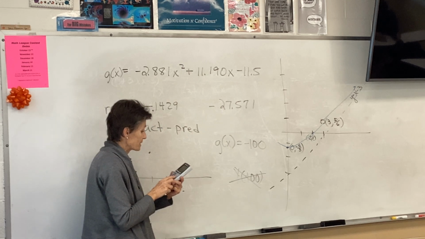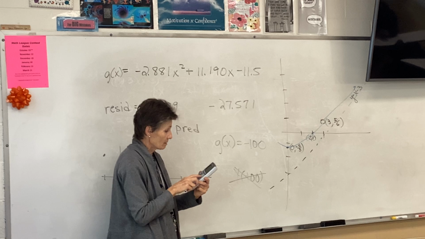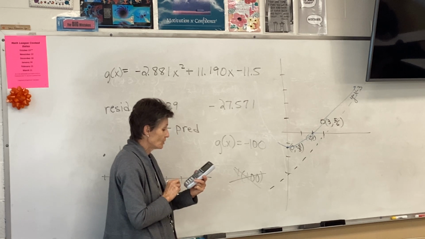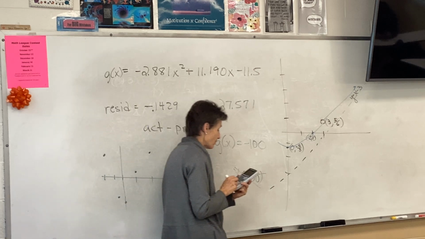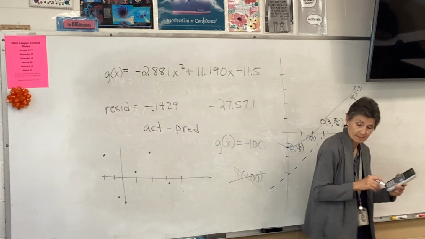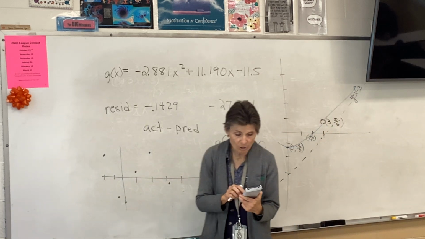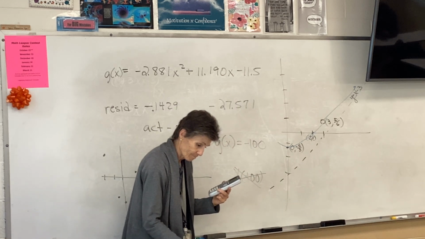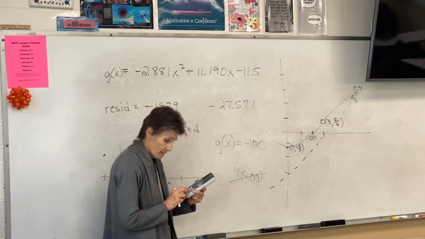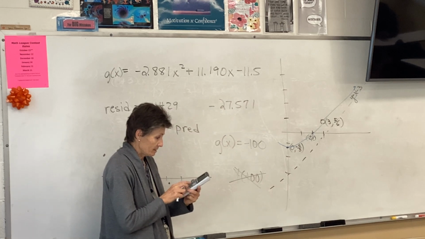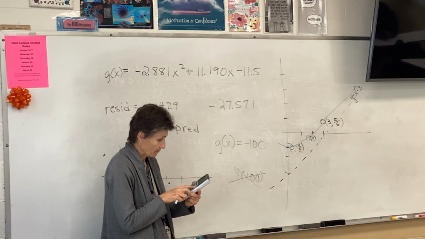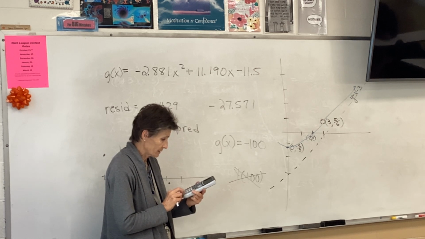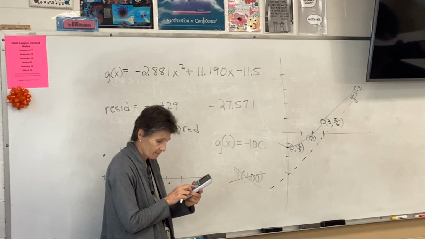So if you just add negative 100 as y2 and hit graph, now it's not going to be right. We're going to have to adjust our window. Gotta go down to at least negative 150.